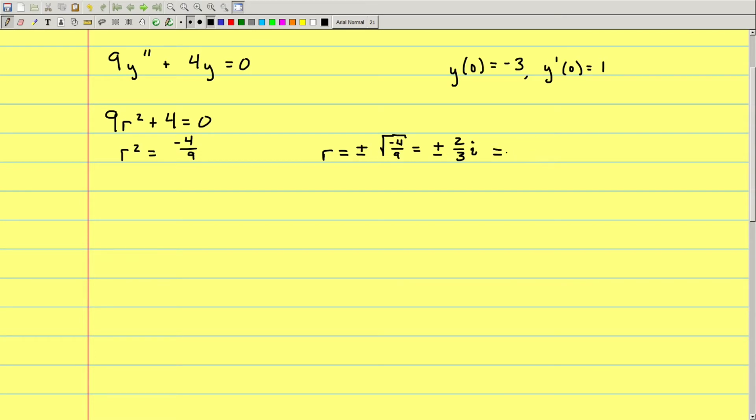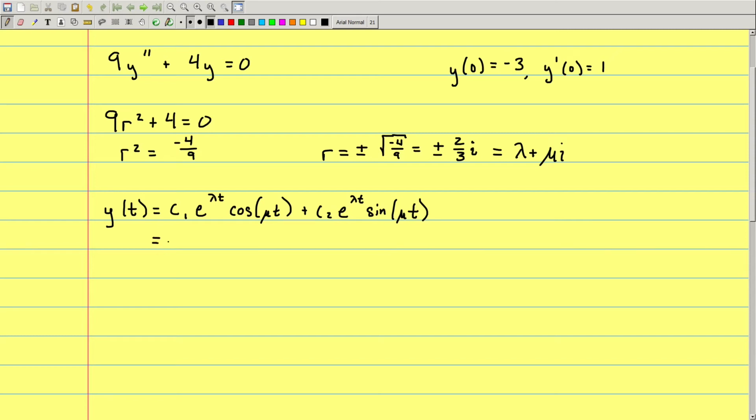Normally we would imagine that we have roots of the form lambda plus mu i, but in this case lambda is going to be equal to 0. So when we write down our form for the general solution, we normally think of it as c1 e to the lambda t cosine mu t plus c2 e to the lambda t sine mu t.